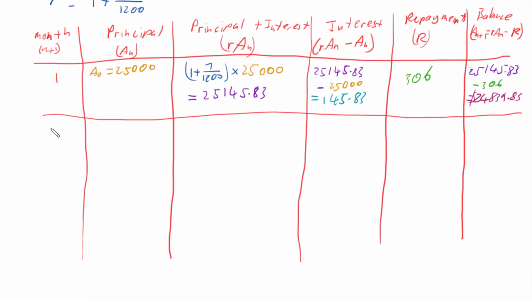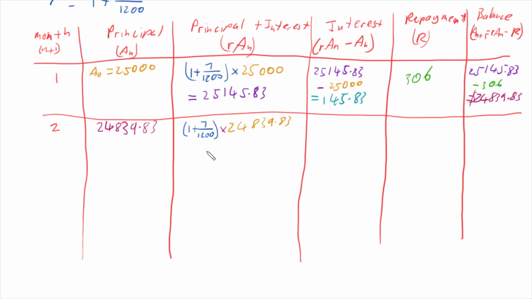So having a look at month number 2, we're now going to bring our principal down. Our principal was this value over here, the one we finished with for our previous month, $24,839.83. We're going to multiply that number by R, so we're going to have 1 plus 7 over 1,200 multiplied by that number that we just brought over, 24,839.83.